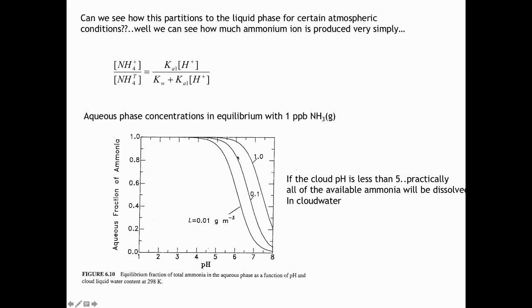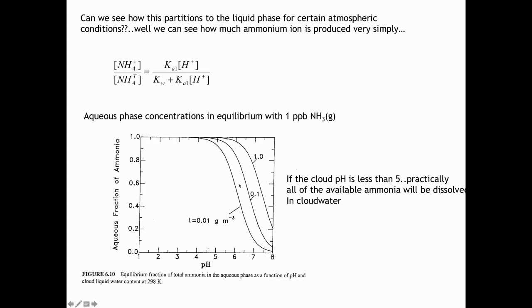Now, what do these three lines represent? Does anyone have any idea? These three lines represent how much water there is.